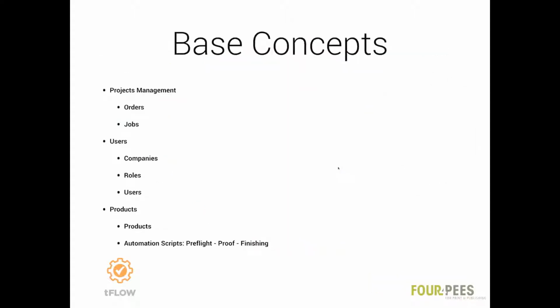Before we get going into the demo, I want to explain a couple of base concepts first. On the project management side, what you will see is a concept of orders and jobs. Typically, an order can be built out of one or multiple jobs.